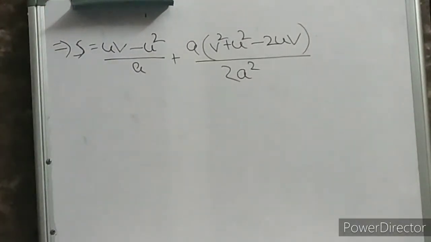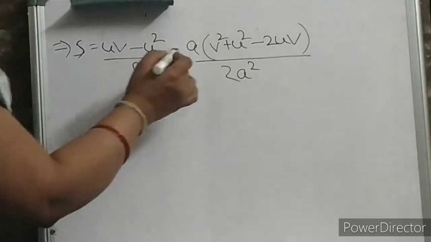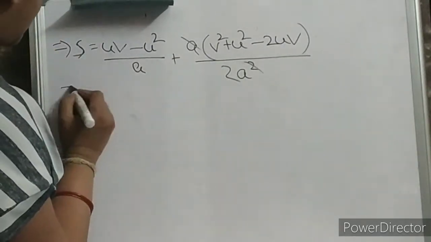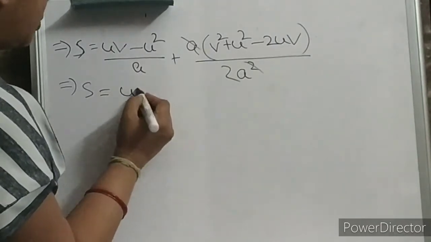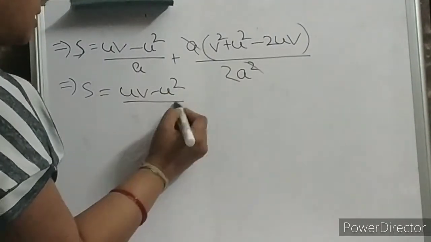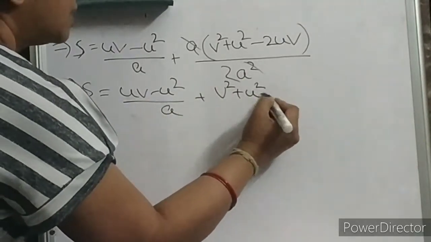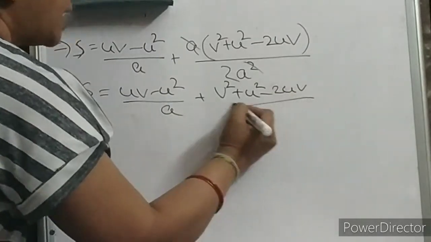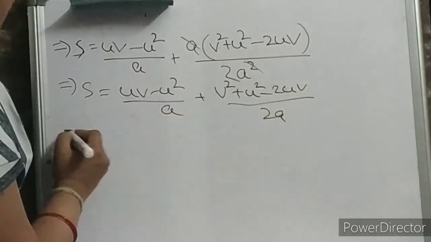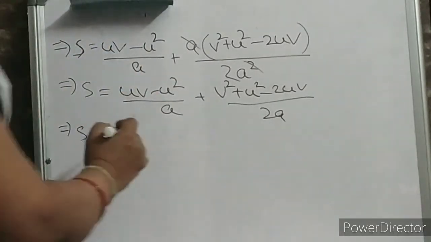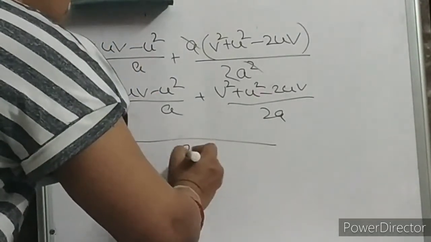Now simple mathematics. This A and square get cancelled, so one A will remain. So what you are getting? S is equal to UV minus U square by A plus V square plus U square minus 2UV by 2A. Now take the LCM, 2A.